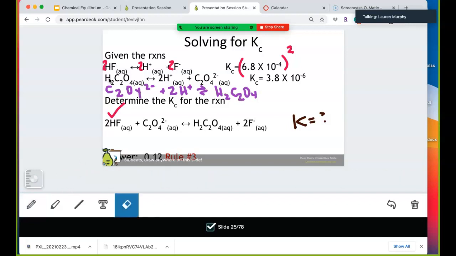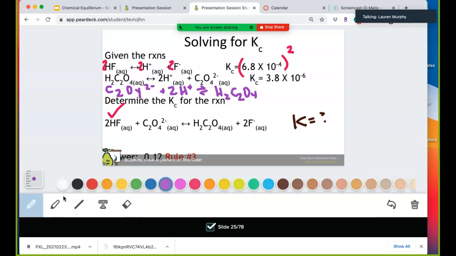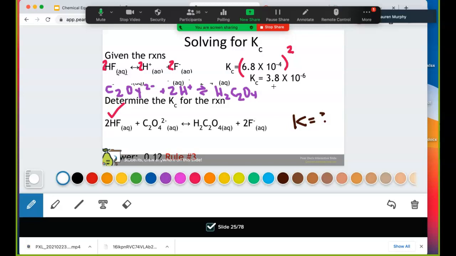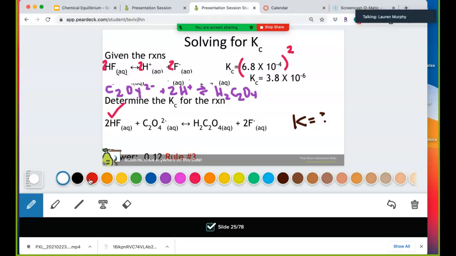In Hess's law, when we used enthalpies, we flipped the sign. That's not what we're doing right now, though. We're doing equilibrium, right? So what is the rule for equilibrium? What do I do to the equilibrium constant if I flip an equation backwards? I flip it upside down, or I do 1 over that number. So now this is going to be 1 over 3.8 times 10 to the negative 6th.